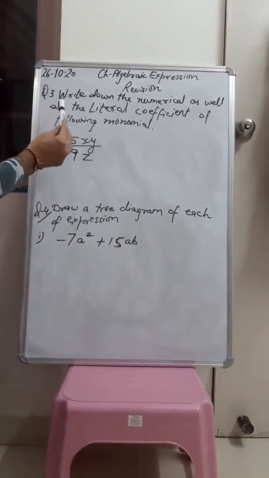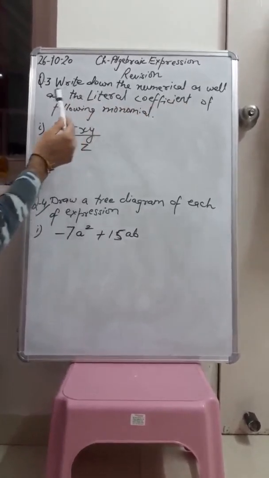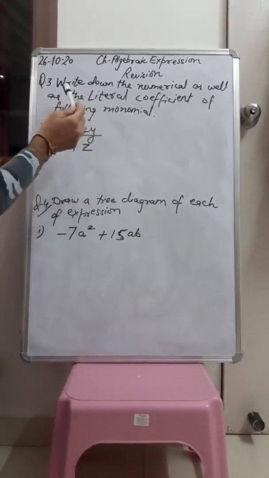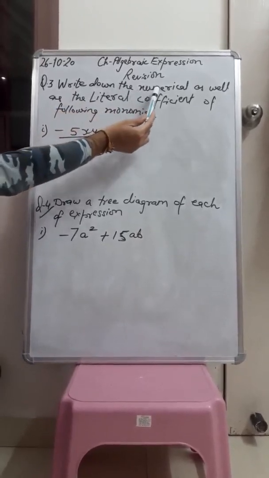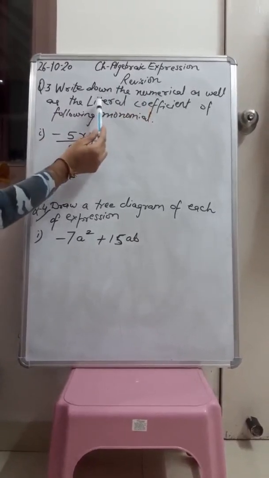Now question number 3 is write down the numerical as well as the literal coefficient of the following monomial. We have been asked to find the numerical coefficient. Numerical means number and literal means variable.